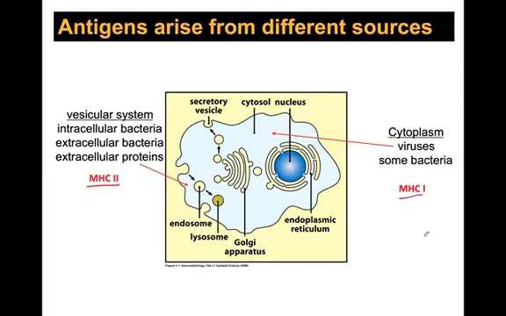For MHC1, it's a little different. You're typically trying to take antigens or peptides from intracellular sources, so from the cytoplasm, and putting those through the endoplasmic reticulum into MHC1. Okay, so in general, MHC2 is for extracellular antigens, and MHC1 is for intracellular antigens. Now we'll see that there are definitely exceptions for that.